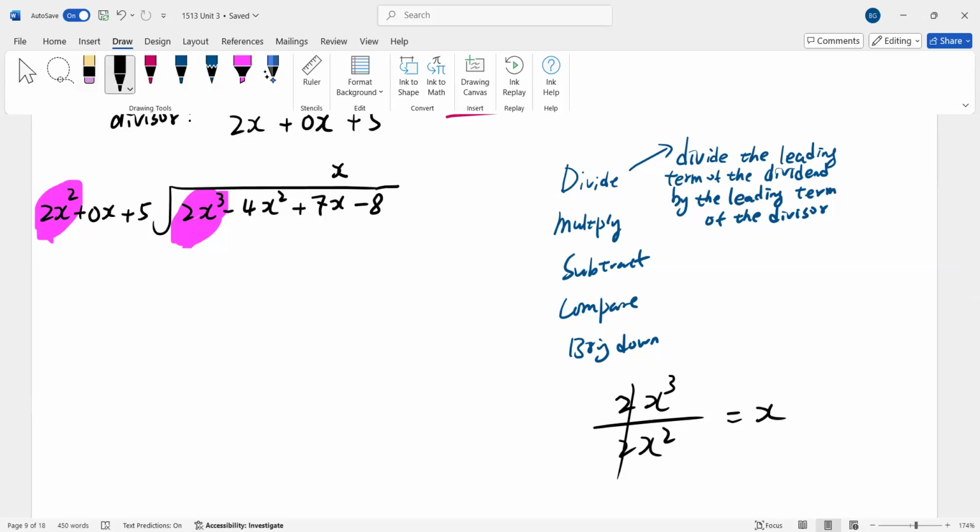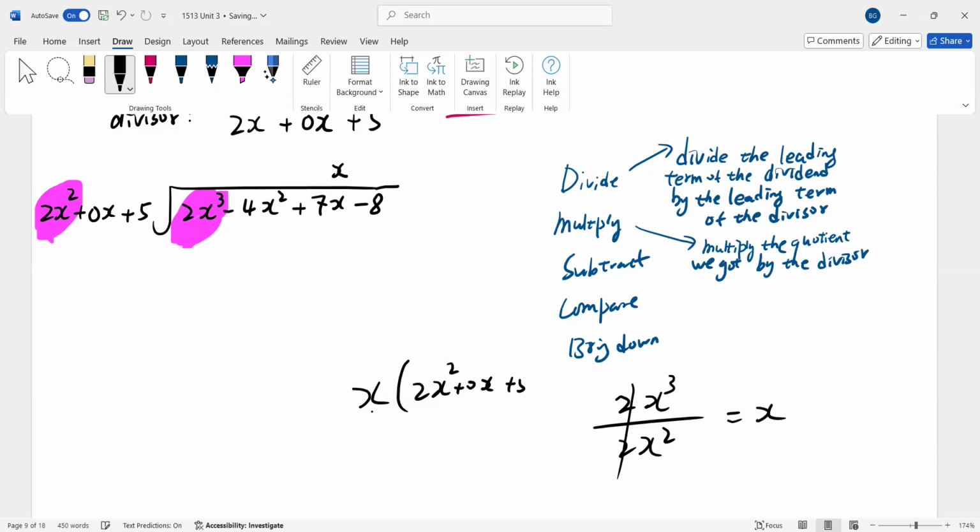And multiply. Multiply what? Multiply the quotient we got from step 1, multiply the quotient we just got by the divisor. Okay, so the quotient we got is x. Multiply x by the divisor, which is 2x squared plus 0x plus 5.